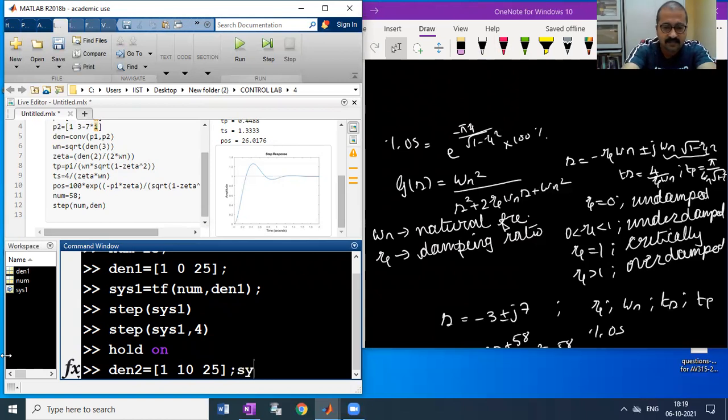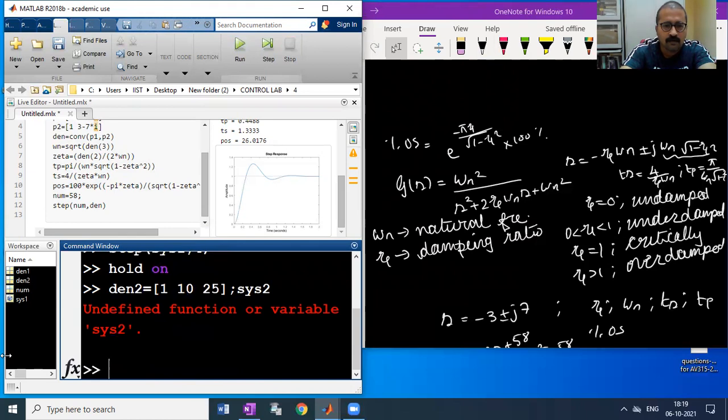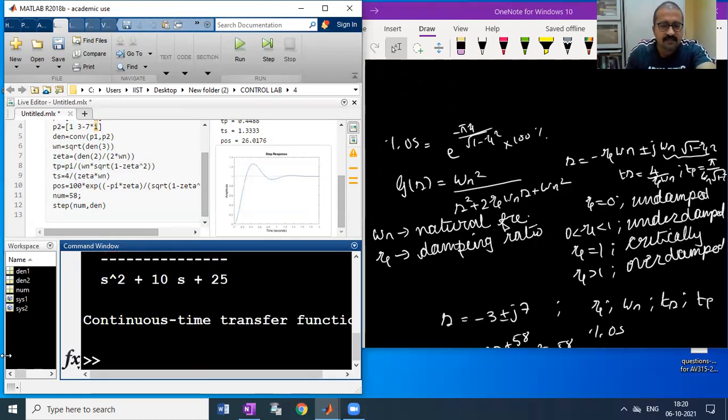Now my second system, sys2, I will call as TF of num comma den2. If you want, you can see here, it is nothing but 25 divided by s square plus 10s plus 25.